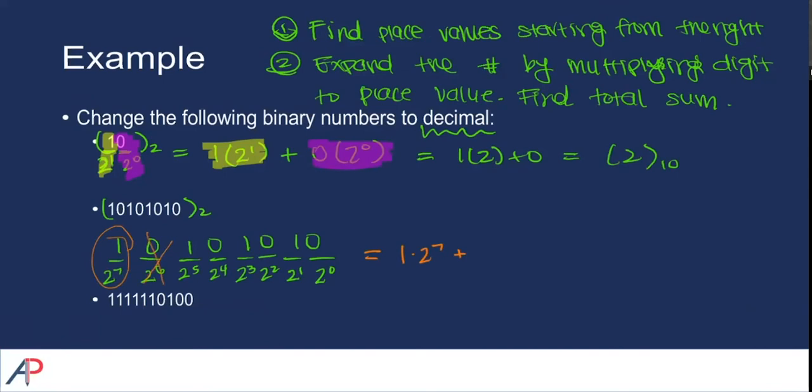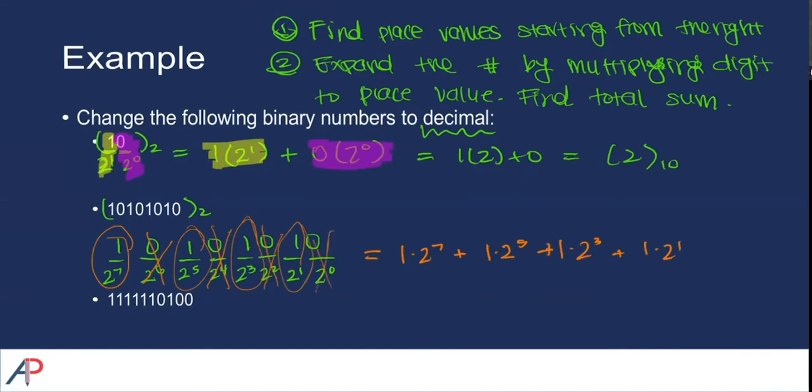So I have 1 times 2 to the seventh power plus, I'm just going to ignore this one because we know that 0 times anything is equal to 0. We're wasting our time by even considering the calculation for 2 to the sixth power. I'm going to go to the next one, which is 1 times 2 to the fifth power. Ignore this one because we have 0 times 2 to the fourth power, and 0 times anything is 0. Plus 1 times 2 to the third power. Ignore this one because it's 0. Plus 1 times 2 to the first power, this one over here.